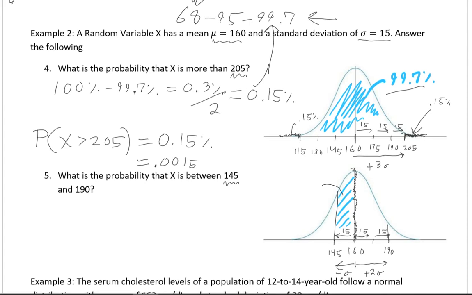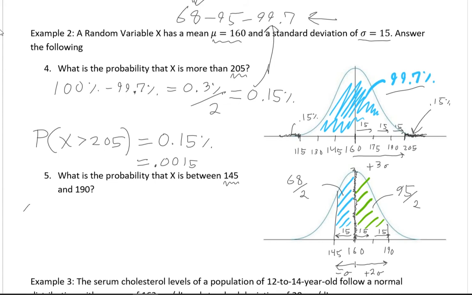So this area is going to be 68 divided by 2, which we did in part 3. Comparatively, the area here, from 160 to 190, that's 2 standard deviations, but I only want half of that because I don't go down to 130 like I did in part 1. So this is going to be 95 cut in half.